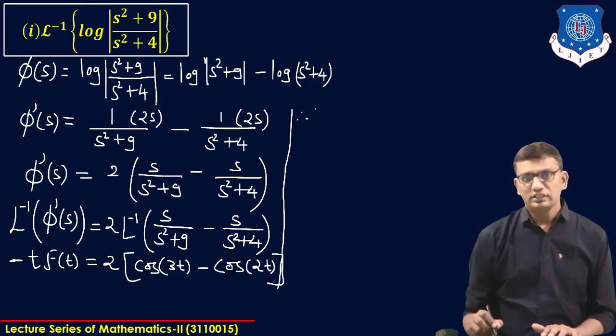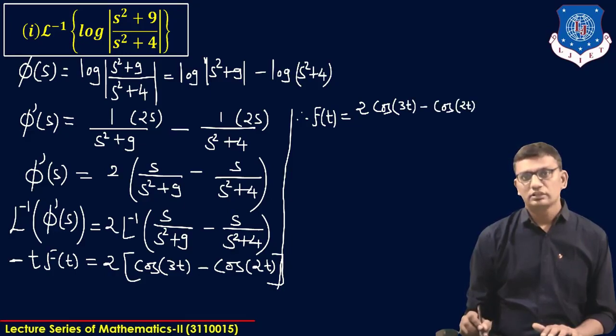Here we write f(t) equal to −2(cos 3t − cos 2t)/t.